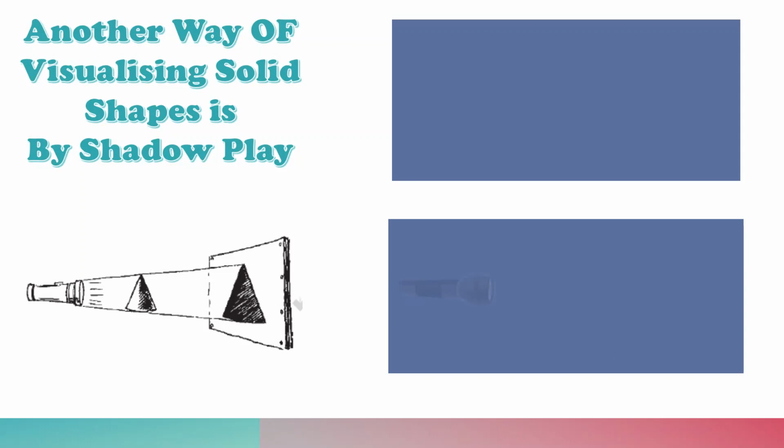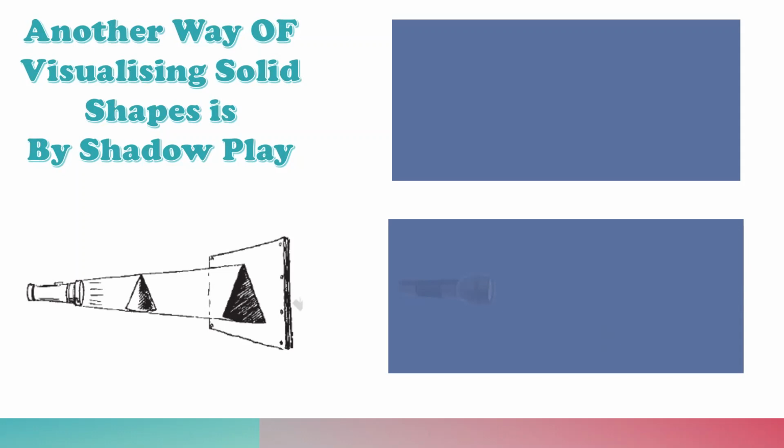In the same way, if you view different solids from different angles and actually project light on them, you will see their different shadows. So in today's class, the first part is shadow play, or visualizing a solid shape using its shadow.